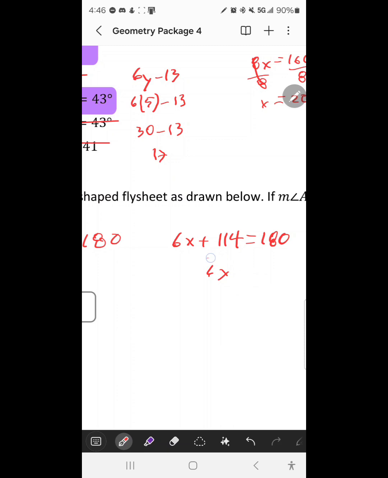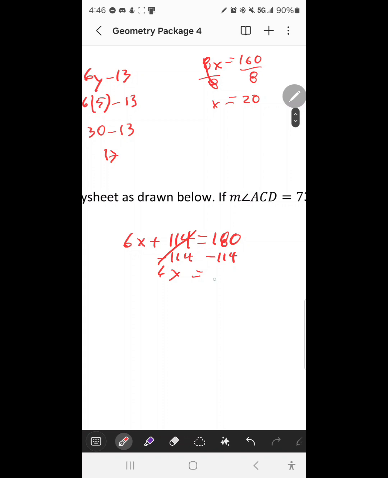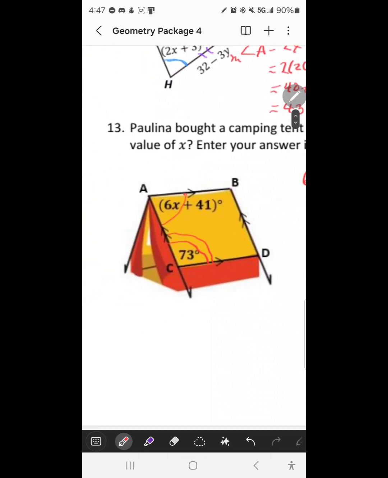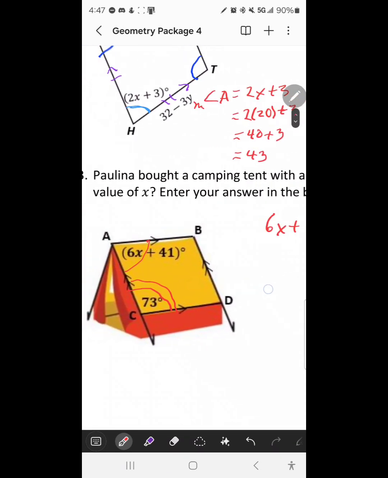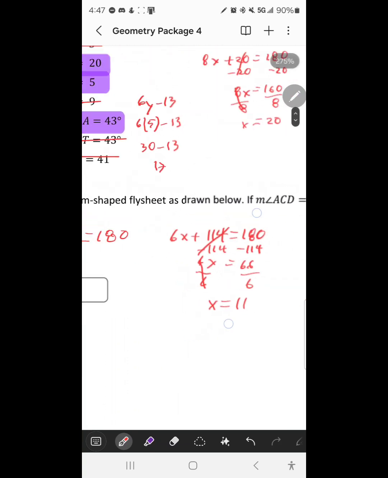So for 6x, we subtract 114 from both sides. Equal 66. And if we divide by 6, this cancels out, and we get that x equals 11. And now they asked for the value of x, so the answer is 11.